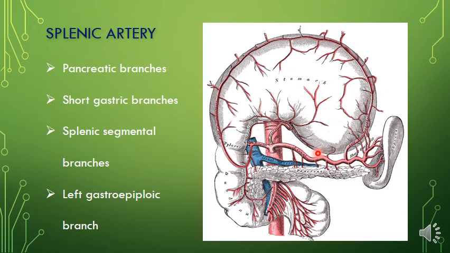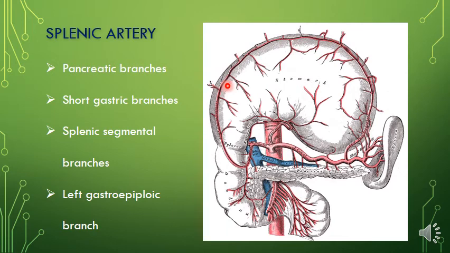The terminal part of the left gastroepiploic artery continues as an omental branch which describes a looped course with the convexity downwards, and finally anastomoses with the right gastroepiploic artery.